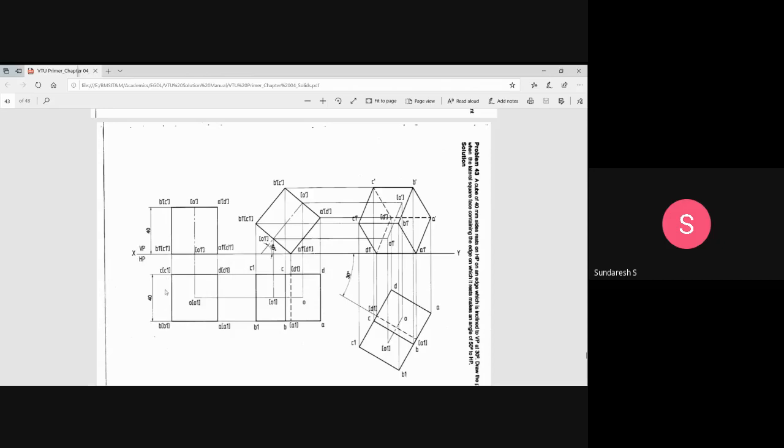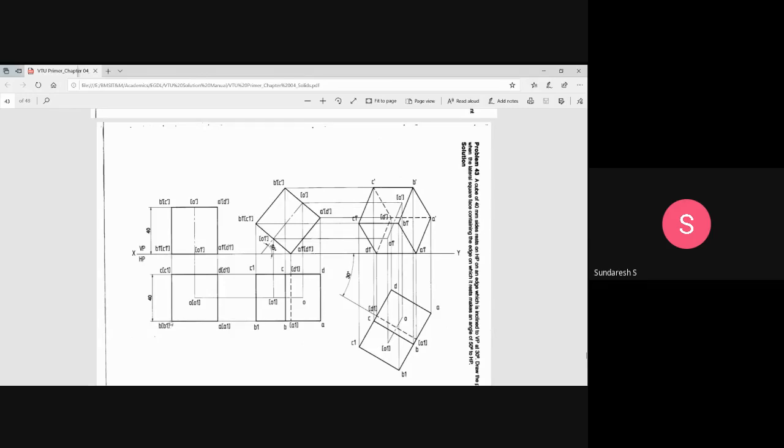This is the top view of a hexahedron or a cube resting on HP on one of its base edges. Please draw this. Complete this 40 millimeter square, because you can see a square of 40 millimeter from the top. That's why in the initial position, we draw it as a square of 40 millimeters.